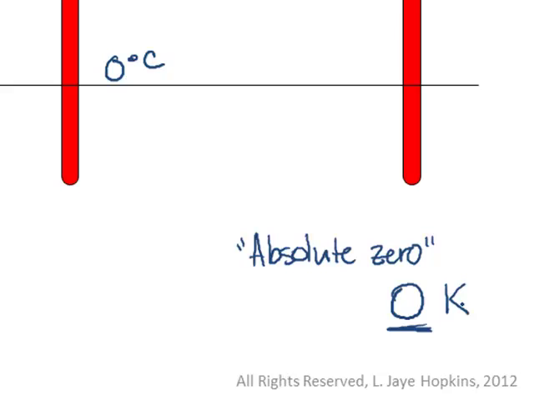Beyond that, the Kelvin scale is actually just the Celsius scale shifted downward. 0 Kelvin, or absolute zero, is at a temperature that's about 273 degrees Celsius below zero, or roughly 460 degrees Fahrenheit below zero. Very, very cold temperatures. But beyond that, each degree of the Celsius scale is equivalent to 1 Kelvin.